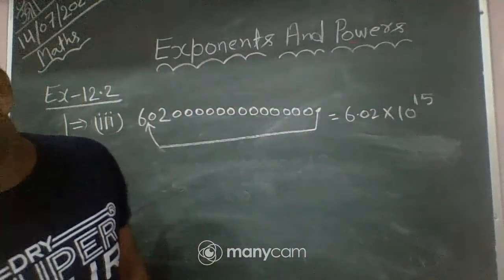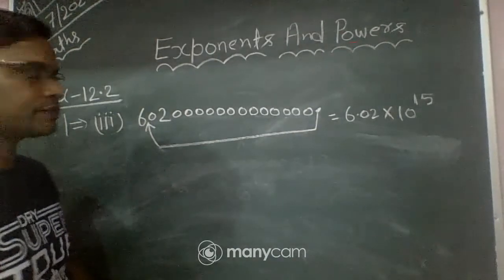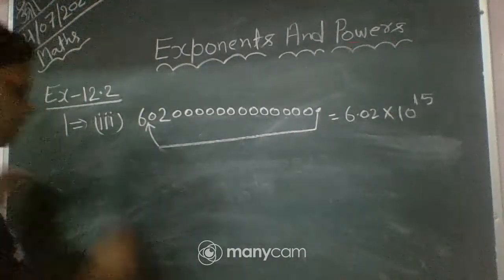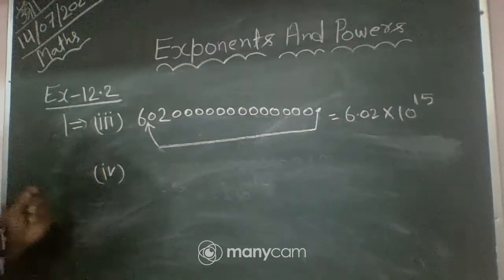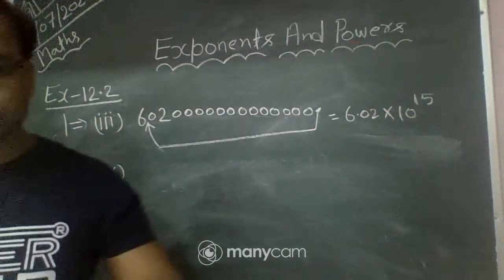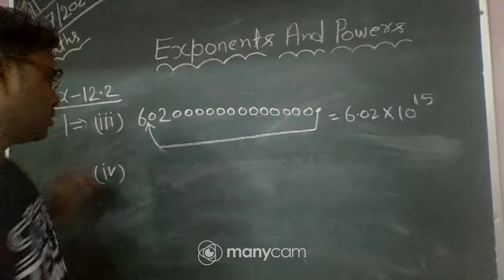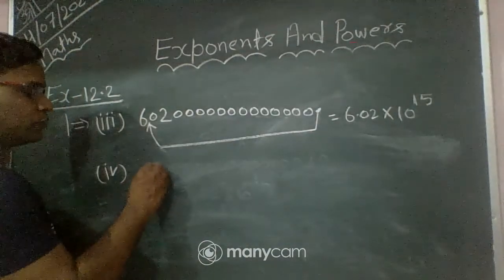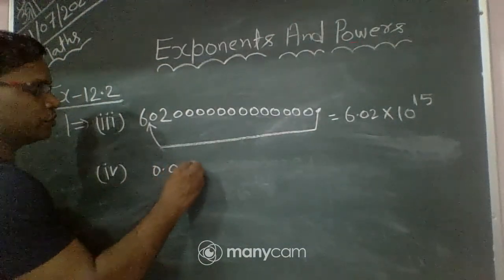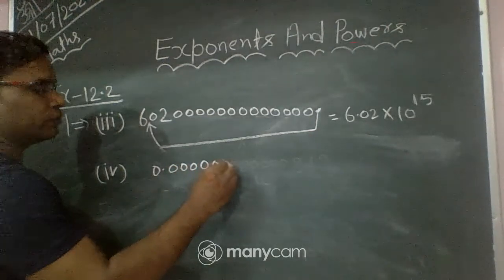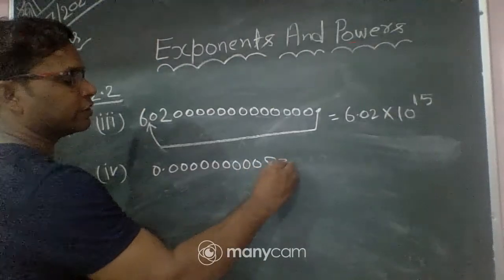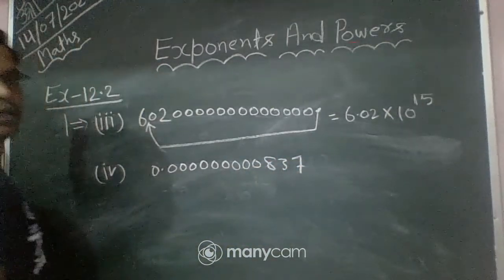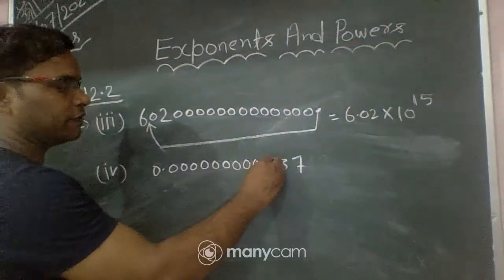Let's see the fourth part. The fourth part is 0.00000000837. We write the given number in standard form.